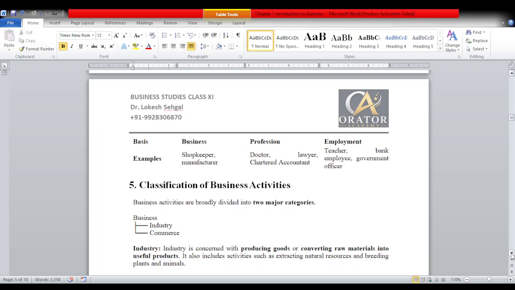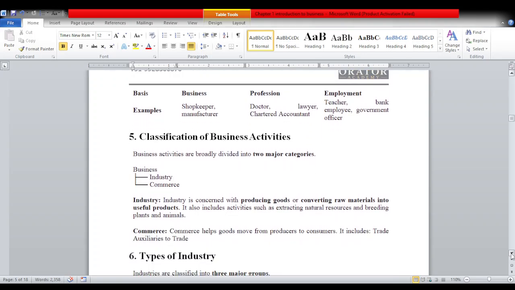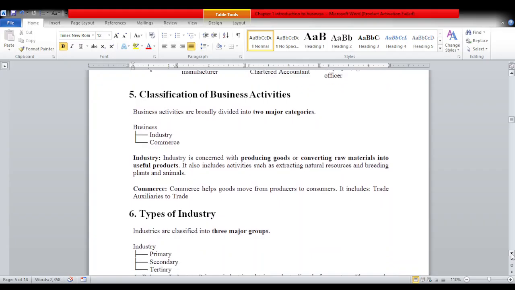Next, we are focusing on the classification of business activities. Business activities are divided into two major categories. First is industries, and the other is commerce. Industries is concerned with producing goods and converting raw material into finished goods or useful products for society.